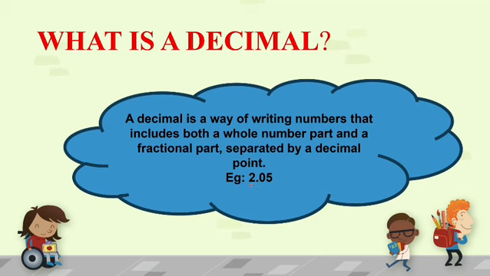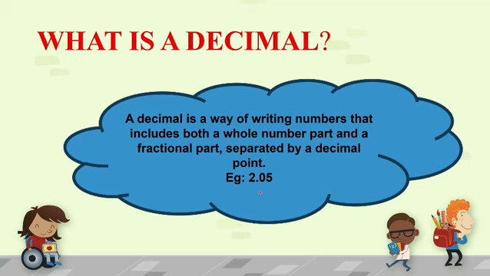Here 2 is a whole number part and 0.05 is a fractional part which is separated from the whole number by a decimal point. Or we can say that decimals are numbers less than 1 written with a decimal point that separates a whole number from a decimal fraction.